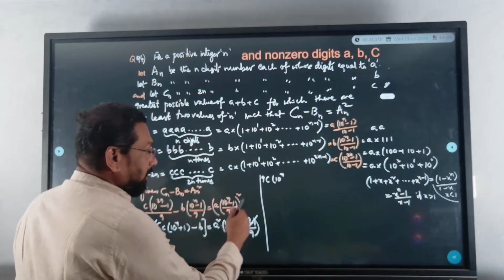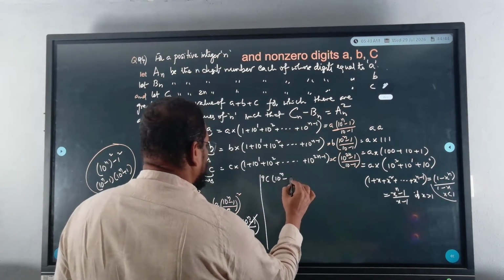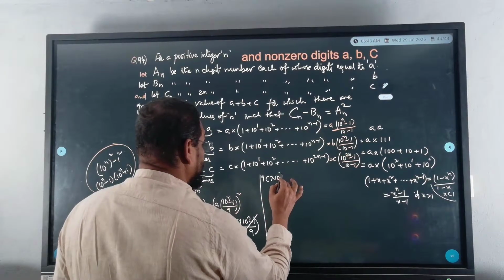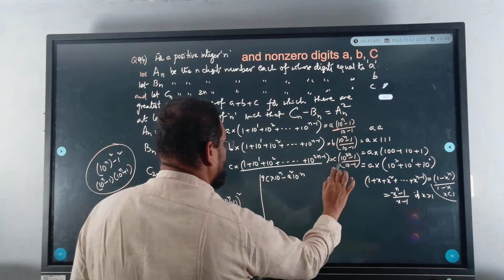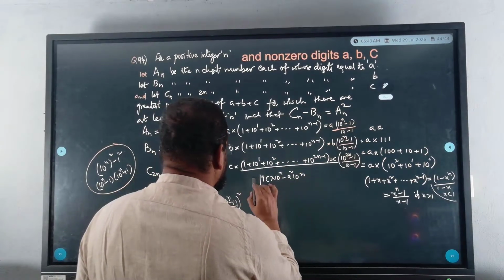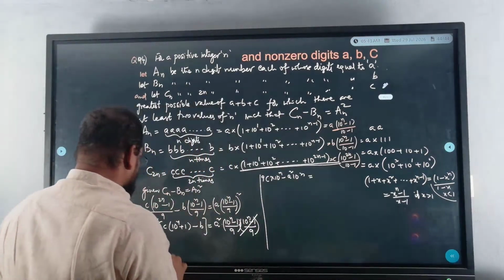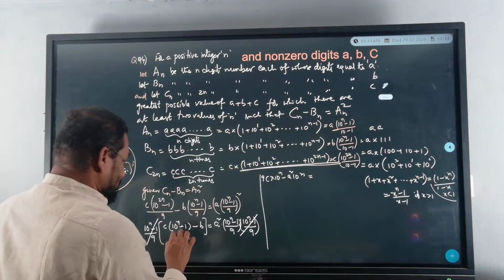This is a square into 10 power n on this side. Minus c into 10 power n minus a square into 10 power n is equal to c plus c minus b.